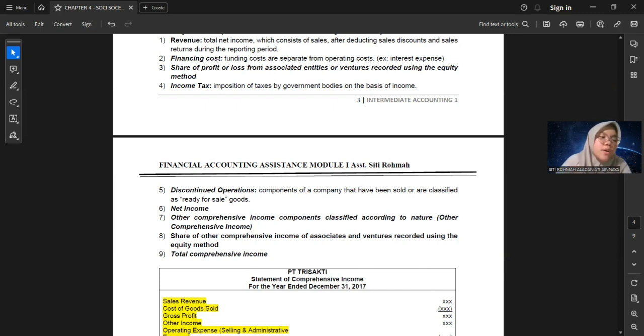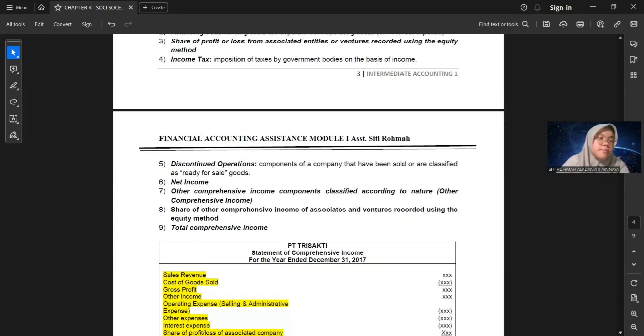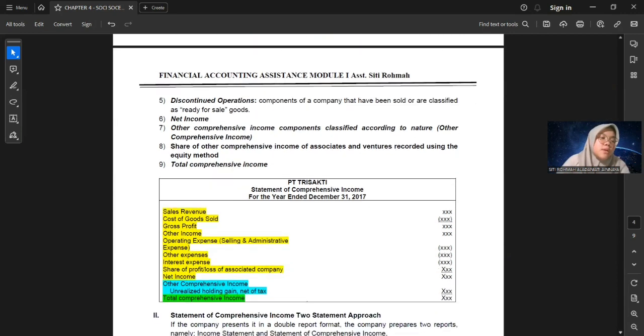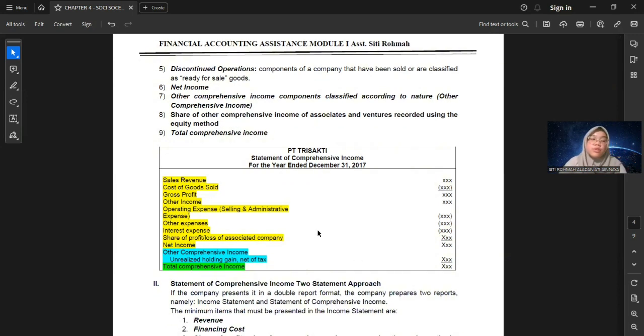Okay, here is a mechanism for how to make a statement of comprehensive income in one approach. Sales revenue minus cost of goods sold equals gross profit plus other income minus operating expenses minus other expense minus interest expense plus or minus other comprehensive income, and in the end we will get total comprehensive income.